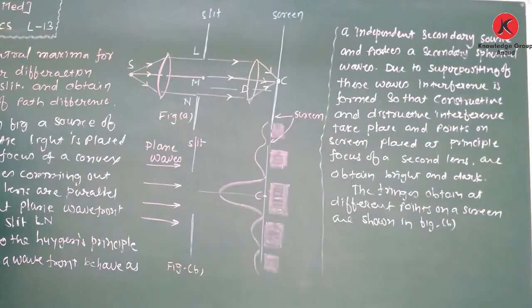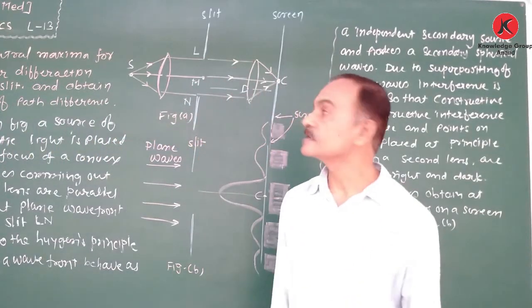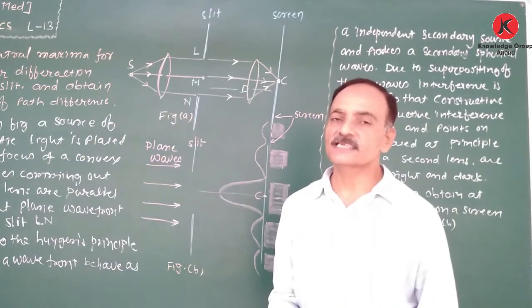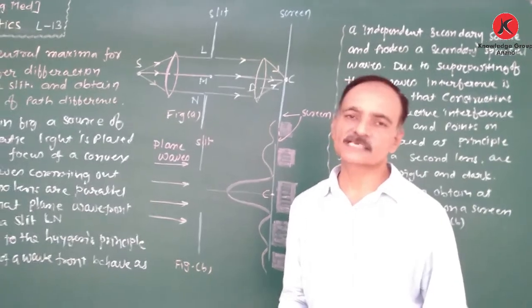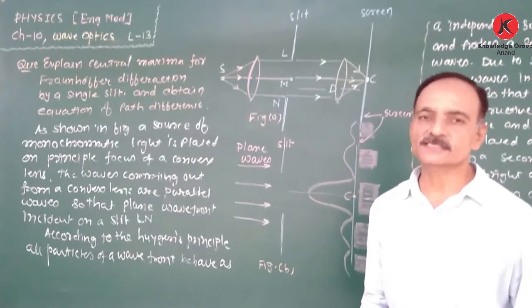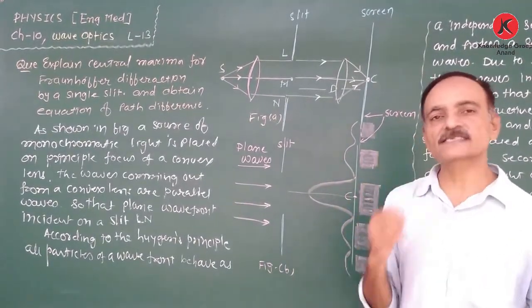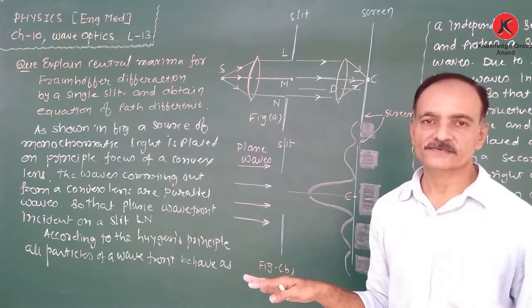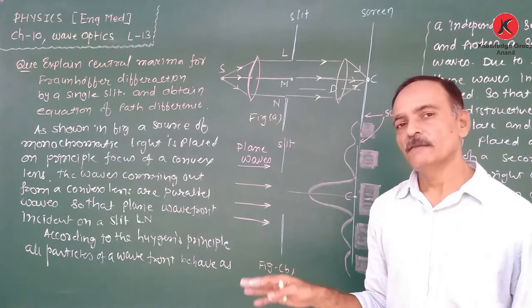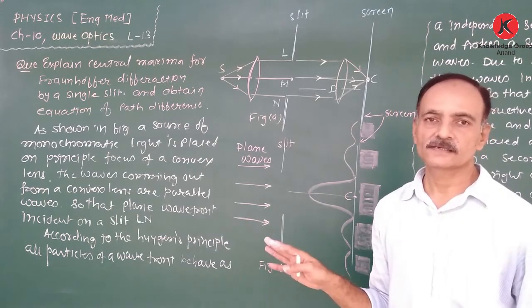If this question is asked in the board exam, listen: out of three questions, define or explain the central maxima, first order minima and first order maxima. Any one is 100% asked, keep that in mind. The answer of all the questions is the same, only the path difference is different. The concept of maxima, minima and central maxima is different.